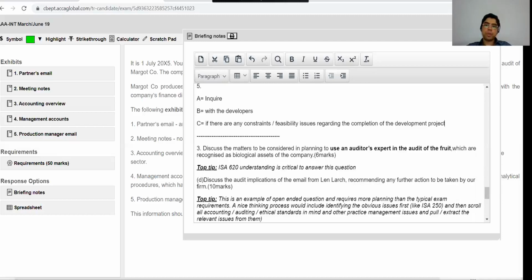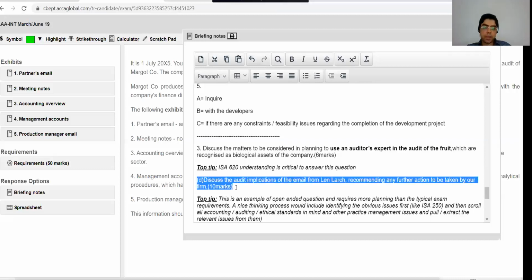For example, questions on ROME, audit risks, business risks, audit report implications, matters to consider and the evidence you would expect to find, critical appraisal of the audit report, and ethical and other professional issues. There are certainly some standard typical requirements that feature on every exam, but these type of requirements are open-ended questions. They are not the standard typical requirements.